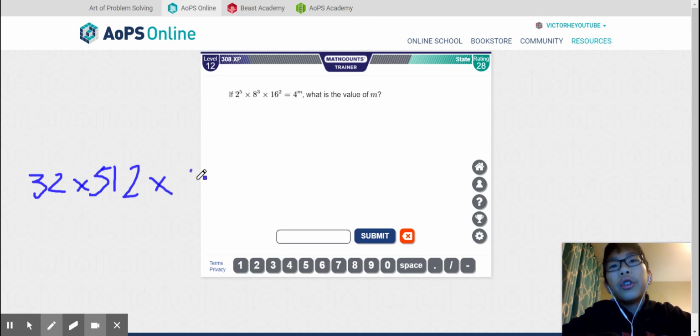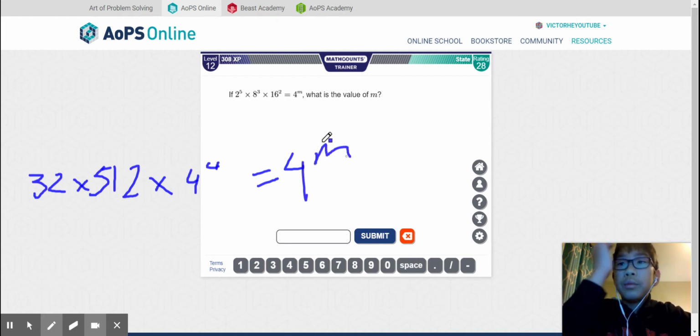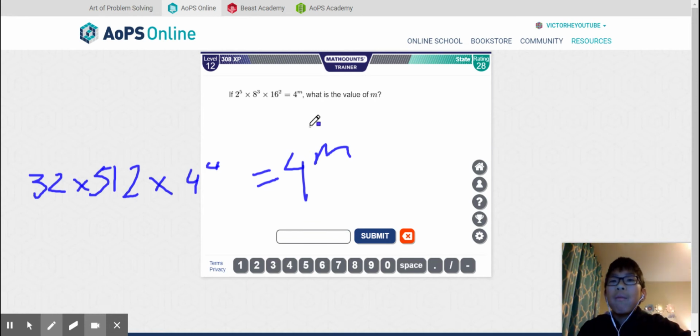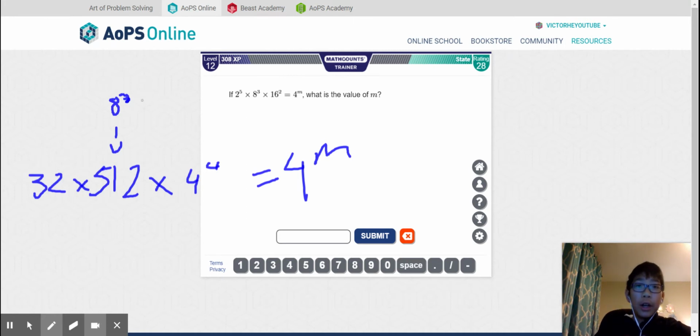And here we can just say 4 to the 4th, because we know that 16 is 4 squared, so 4 squared squared is 4 to the 4th. So we know that this equals 4 to the m. Actually, if this is 8 cubed, we know that 8 squared is 64, 8 times 8 is 64, and 64 is 4 cubed.